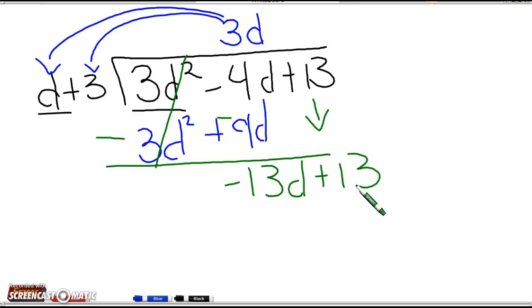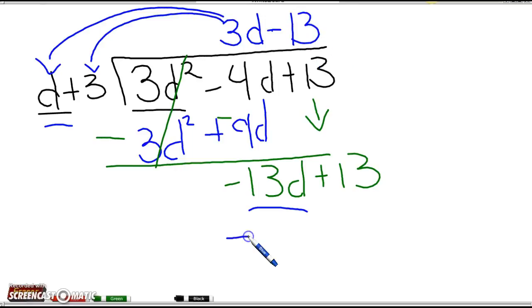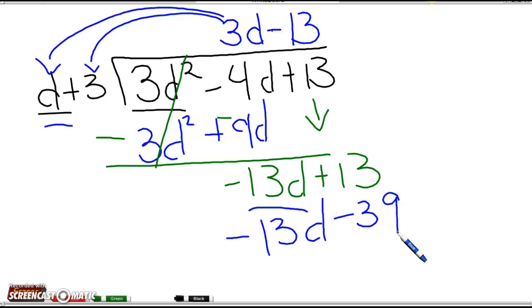Now I want to ask myself, what can I multiply d by to get negative 13d? I'm sure you all know. Negative 13. So again, negative 13 times d is negative 13d. That's what we wanted. And negative 13 times 3 is negative 39. So again, I'm going to go through and I'm going to subtract.